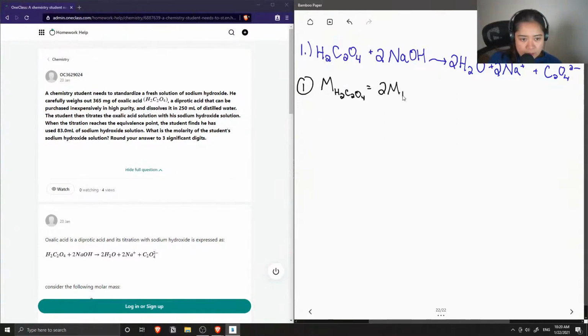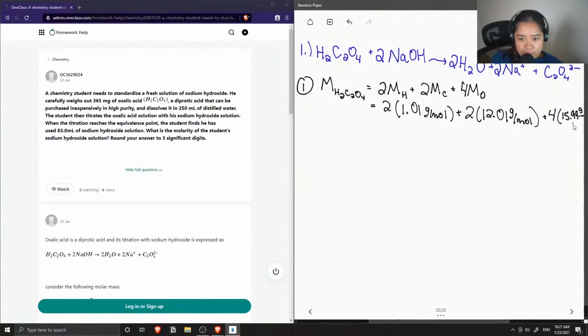So it's going to be 2 times the molar mass of hydrogen, plus 2 times the molar mass of carbon, plus 4 times the molar mass of oxygen. The molar mass of hydrogen is 1.01 grams per mole. For carbon, it's 12.01 grams per mole. And lastly, oxygen is 15.99 grams per mole. Okay, so if we add all these values up, we get a molar mass of oxalic acid of 90.03 grams per mole.